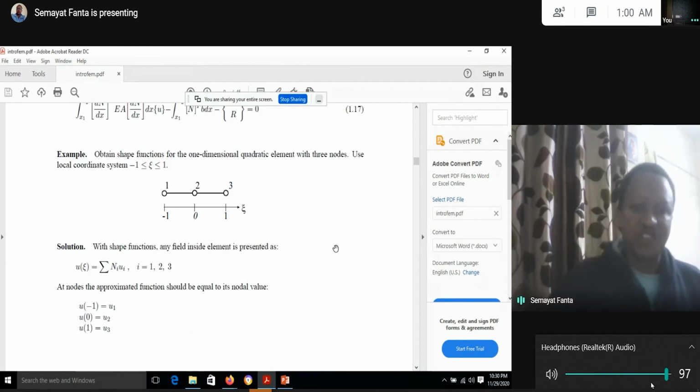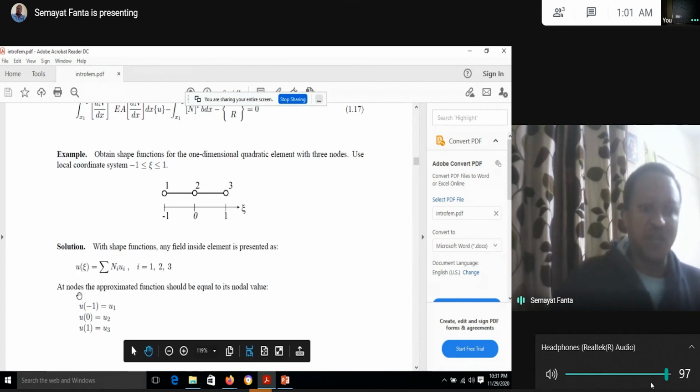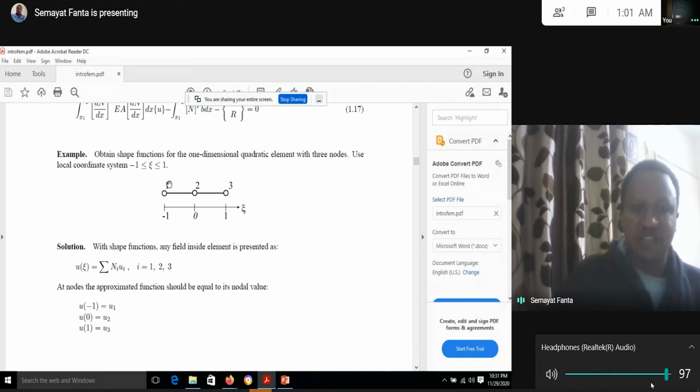So with the shape function, any field inside the element is represented with u of zeta, which is equal to the summation of N_i u_i, for i from 1 to N3. In this case, i implies the number of nodes. Okay, in this case we have 3 nodes, so i is 1 to 3.